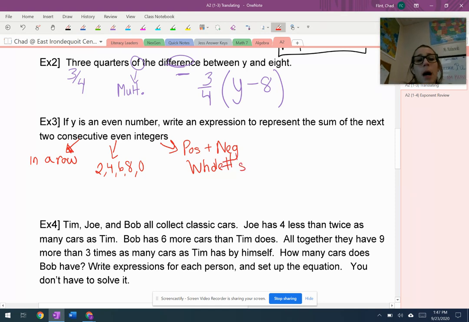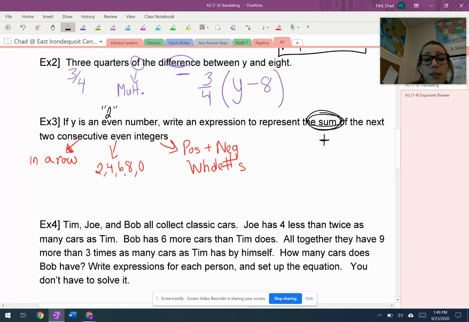So whenever you get a problem that starts talking about odd or even numbers, always use one as an example. So I'm going to pick 2 as the even number that I'm looking at. Write an expression to represent the sum, which means addition, of the next 2 consecutive even integers.